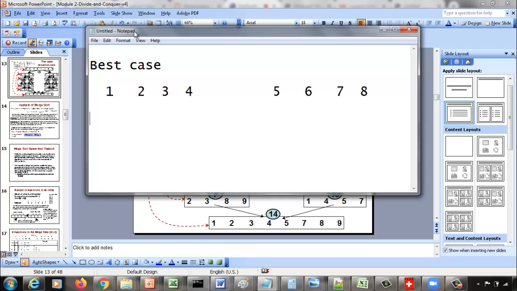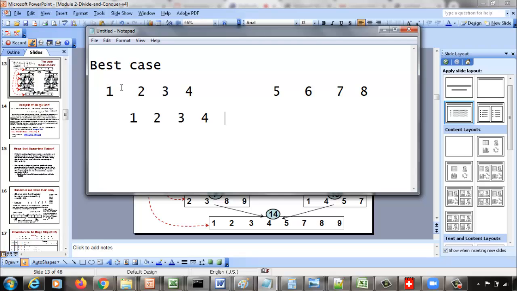Merging these two to get the final sorted array, we start with 1 and 5, the first elements of the two subarrays. 1 compared with 5, 1 is smaller, so we write down 1. Then we move the pointer to the next element, 2 compared with 5, 2 is smaller, so write down 2. Then compare 3 with 5, write down 3, and then 4 with 5, write down 4.